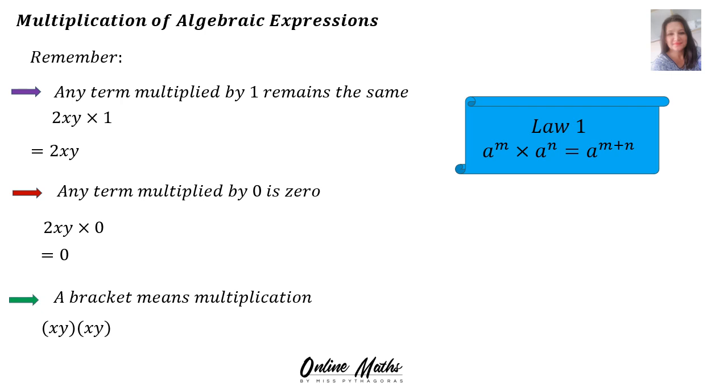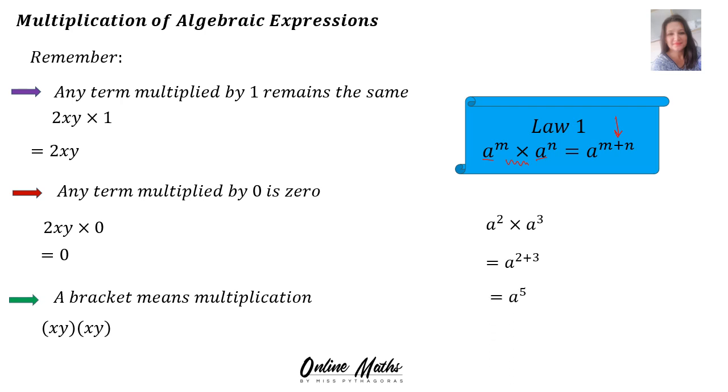Now this means when your bases are the same and you multiply, you add exponents. So when I give you a squared times a to the 3, bases are the same, we multiply, therefore we say it's a to the power 2 plus 3, which is a to the 5.